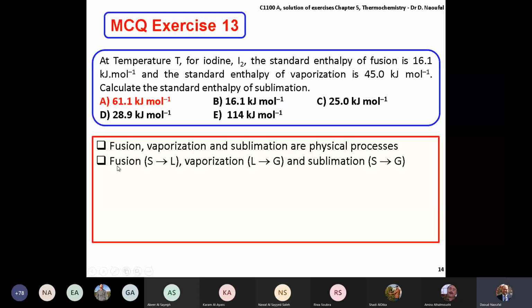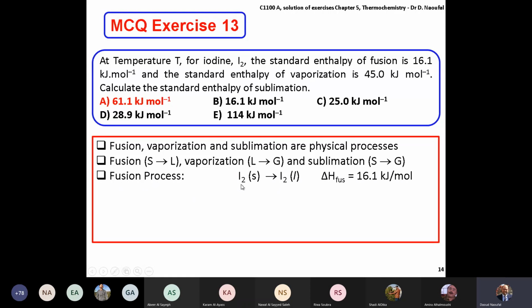So we have delta H of the fusion of iodine, I2, and delta H of vaporization. We have to calculate delta H of sublimation. First of all, translate the fusion to an equation, the vaporization to an equation, and the sublimation to an equation.